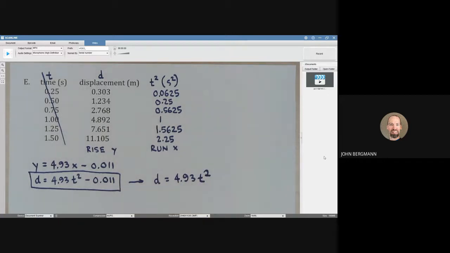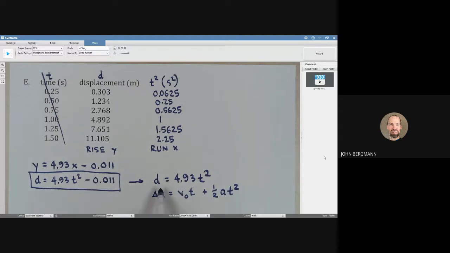All right, then it might ask you a question about this data. And we need to associate this equation with some physics equation. Well, you might remember that there's a physics equation that looks kind of like this. V initial times time plus 1/2 acceleration times time squared.